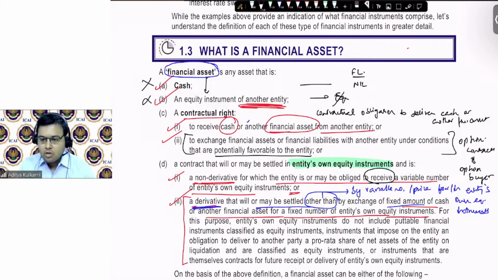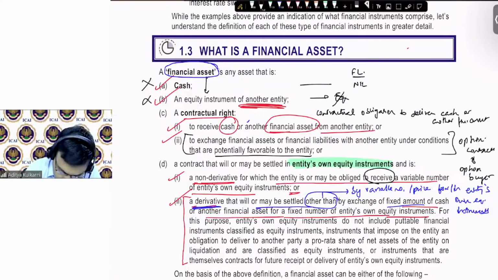So now you are in a position to receive your own equity for a variable price or a variable quantity. It would be a financial asset. But if you are receiving your own equity at a fixed price for a fixed number, then how can it be a financial asset?